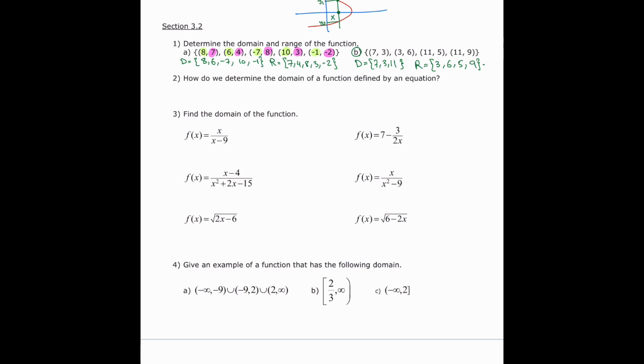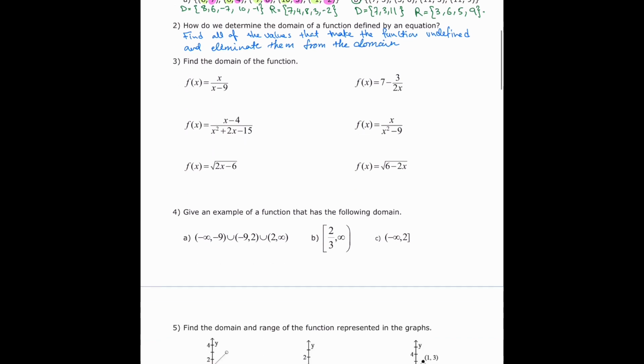We basically find all of the values that make the function undefined and eliminate them from the domain. That is basically how we find the domain.